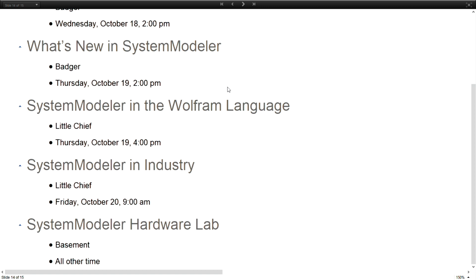And if you want a sneak peek, you can come down to our hardware lab in the basement, where we are displaying how we built a model in System Modeler of something that we then went ahead and built in real life, and what kind of understanding we could get from that model before we built the real thing.